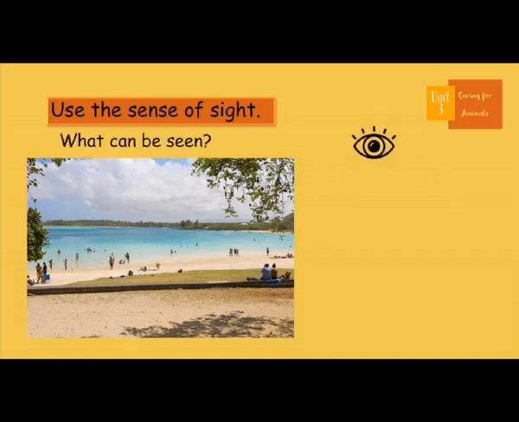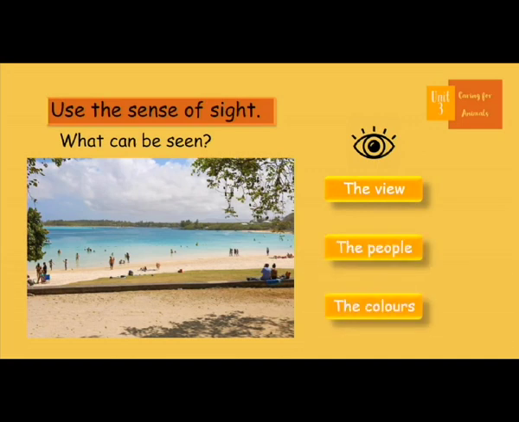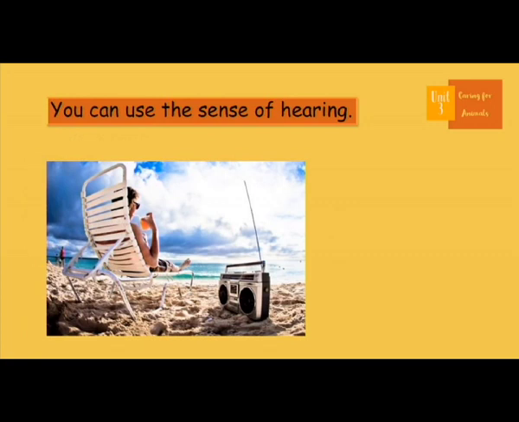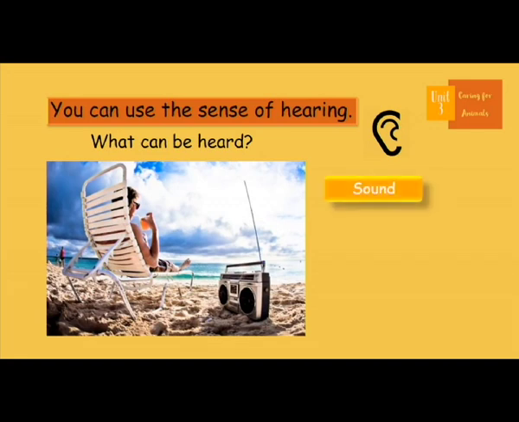What can be seen? The view, the people, the colors. You can use the sense of hearing. What can be heard? Sound, noise, music.